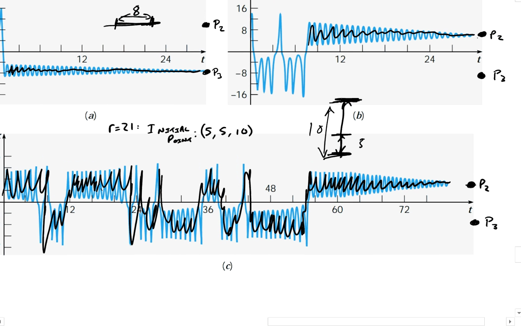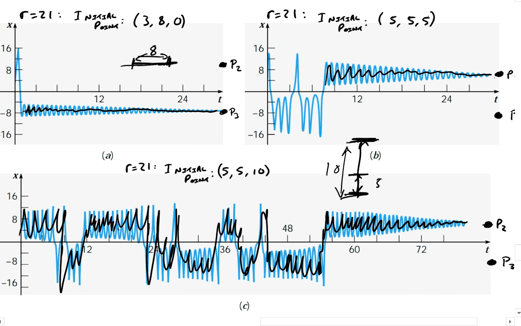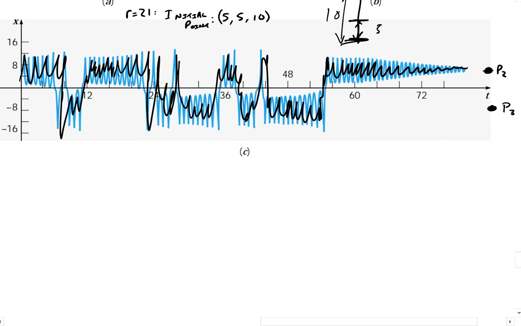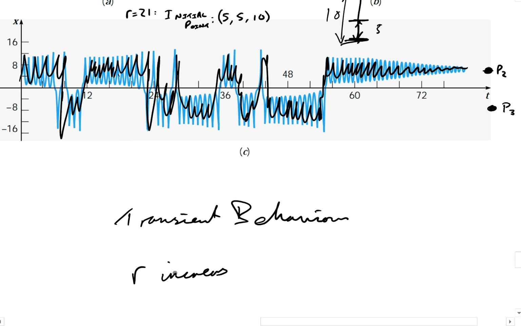Okay, so what he concluded is that as r increases, the duration of this mmucking around, this hyper behaviour, jumping around a lot, which mathematicians call transient behaviour, also increases. Remember, r is roughly proportional to our temperature change.